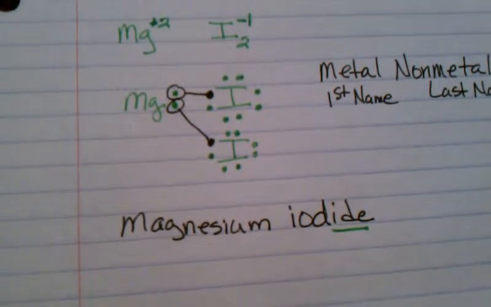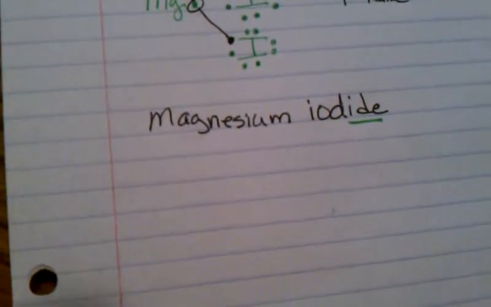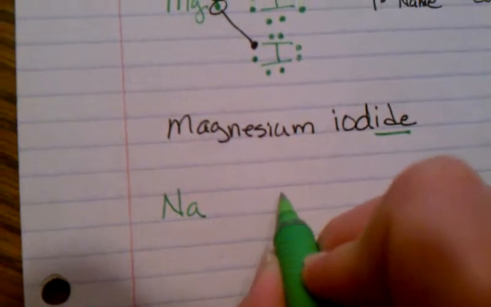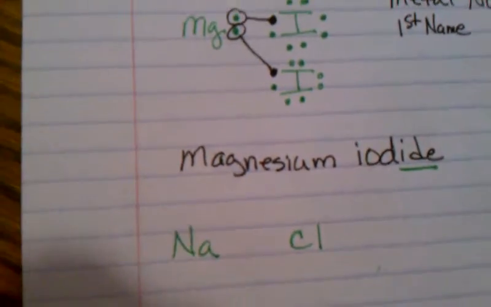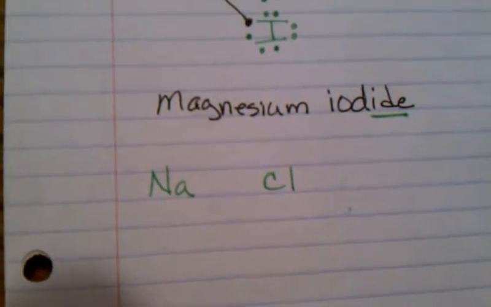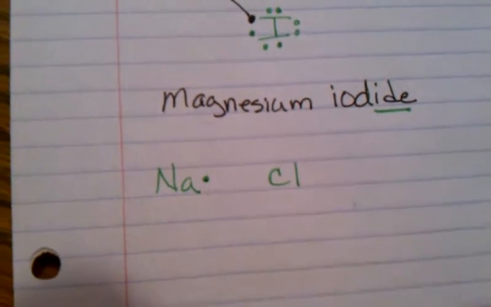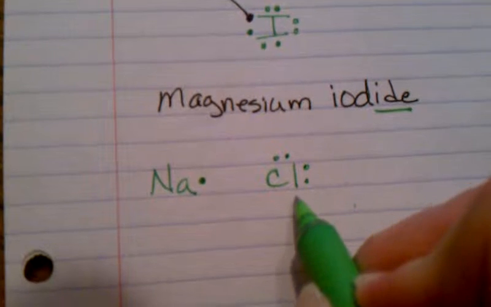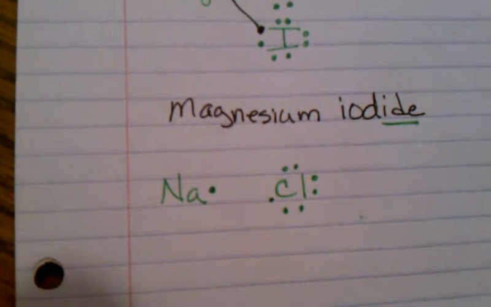So let's say we're looking at salt, which is Na and Cl, sodium and chlorine. Sodium is found in group 1, so it has 1 valence electron it can give away. Chlorine is found in group 17, so it has 7 valence electrons. It needs 1 more.